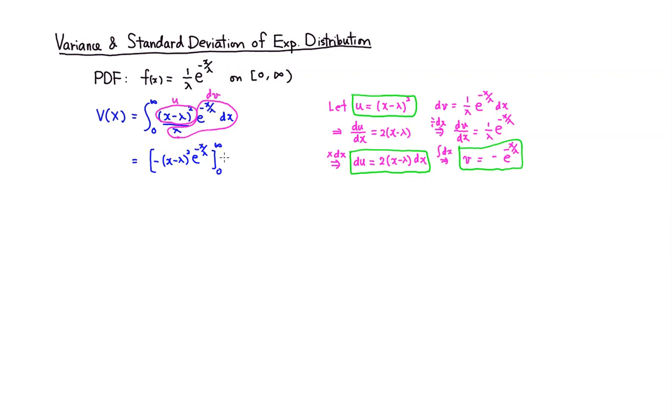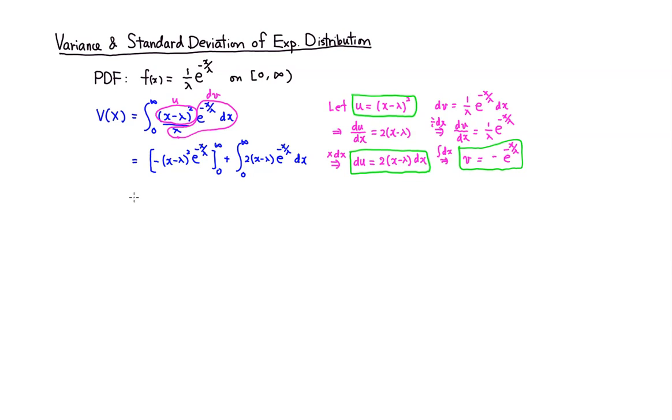Minus v du, so there's a negative sign, which I'm going to turn into a positive sign: the integral from 0 to infinity. The negative sign is already taken care of, so you have 2 times x minus lambda times e to the negative x over lambda dx.